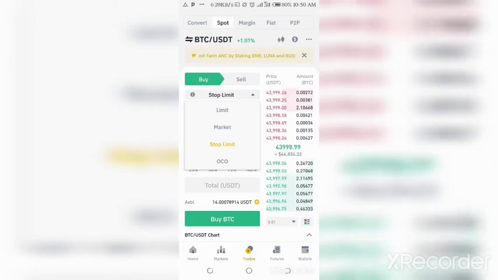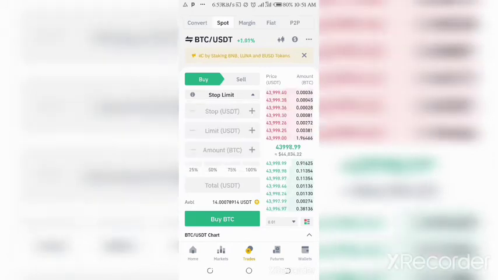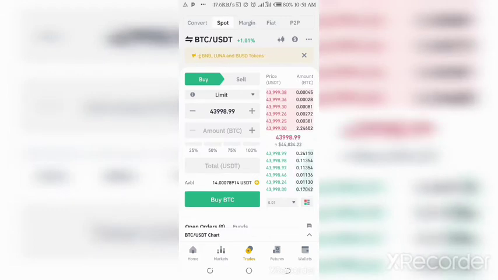With order types, in summary, a limit order is when you want to buy at a particular price. Let's say I want to buy at 43,800, but currently it is at a different price, so you use a limit order.